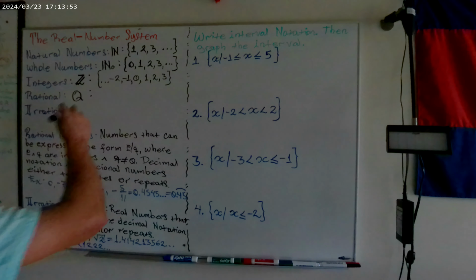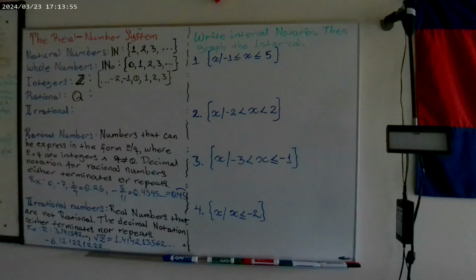Okay? So what are the rational numbers? Rational numbers are numbers that can be expressed in the form P over Q, where P and Q are integers and Q is different than 0.